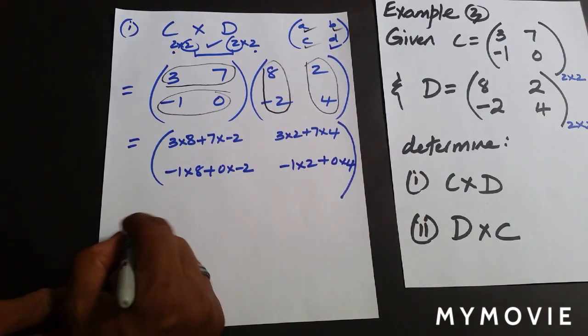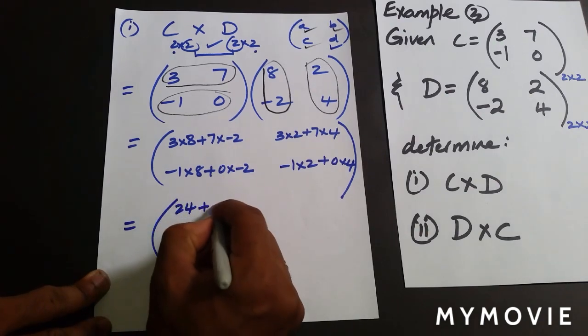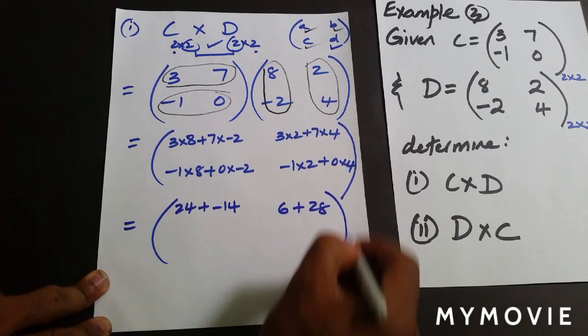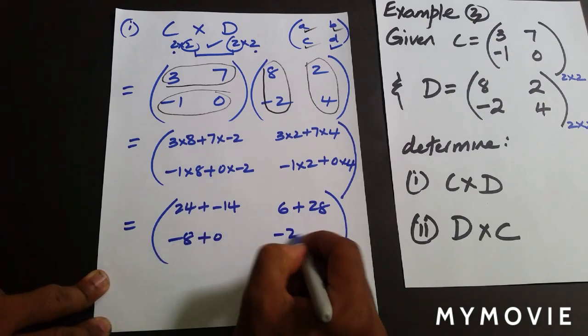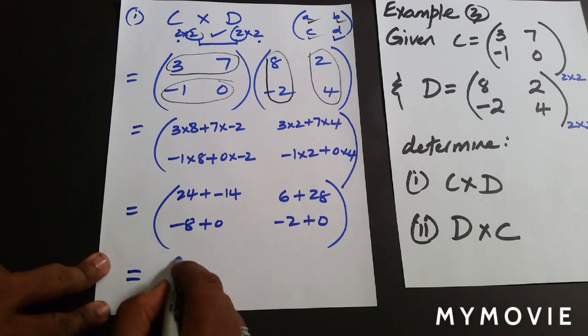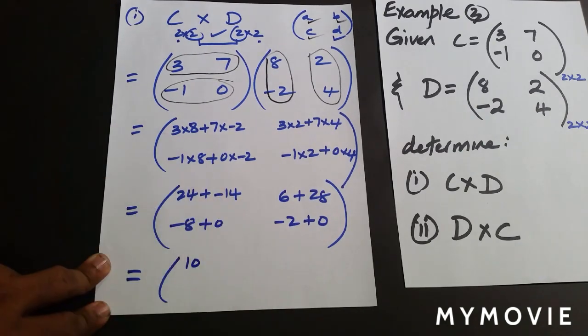All right, so what we have here now is 24 plus negative 14, 6 plus 28, minus 8 plus 0, and negative 2 plus 0. To give us a final answer: 24 plus negative 14, I believe that is 10.